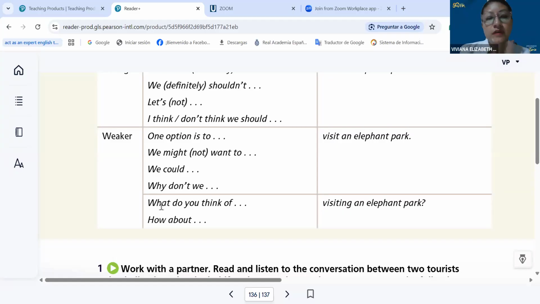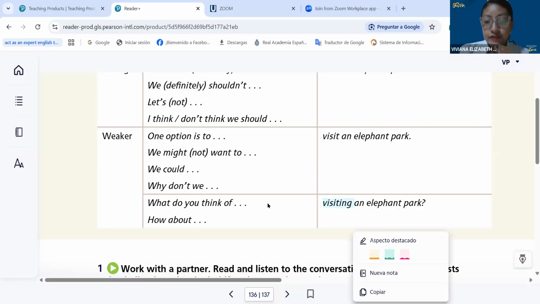Or, what do you think of? Or how about? But here, please notice that the verb that you are going to use must go in gerund. Notice the difference, please. One option is to visit, the verb in the base form, or why don't we visit, verb in the base form. But with these two phrases, what do you think of and how about, notice that the verb goes in gerund.